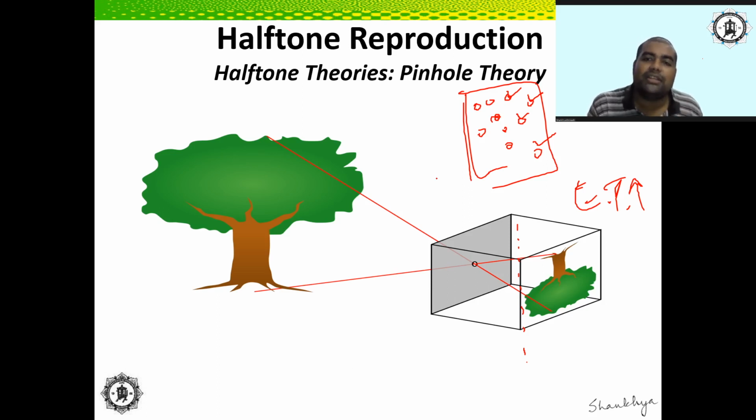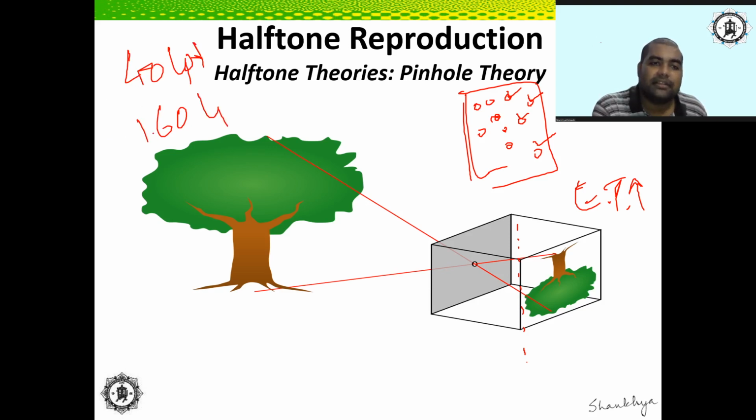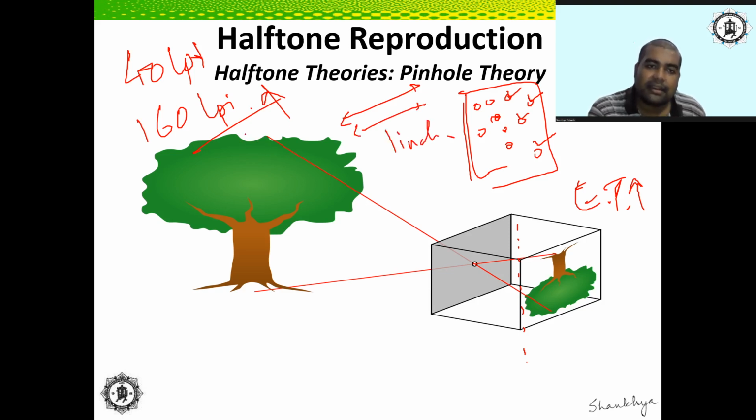Coarse screen meaning resolution is very low. For example, if I tell you 40 LPI screen and 160 LPI screen, which is having greater resolution? 160. That means LPI means what? Again, that is explained already: line pair per inch or line per inch, simply in unit distance. If this is 1 inch distance, then there are basically 160 lines like this.